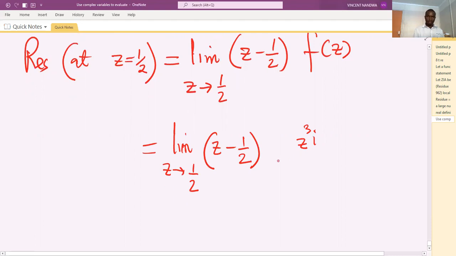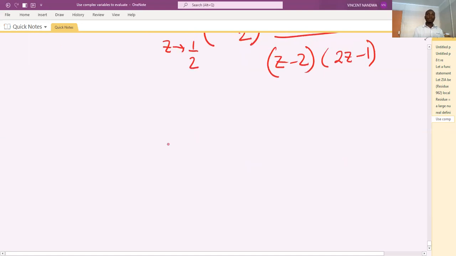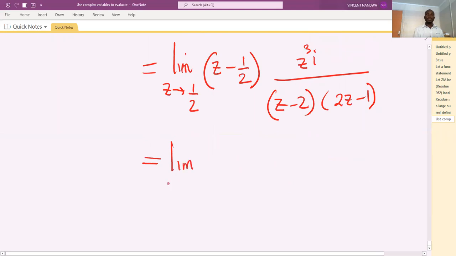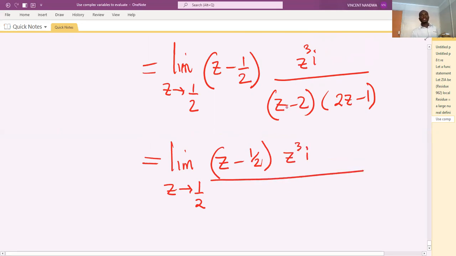You see, we can write this as the limit as z approaches a half, and then you write z minus a half multiplied by z cubed times I. Now the denominator, so that I have this factor, using this second term, I write 2 outside, then z minus a half.